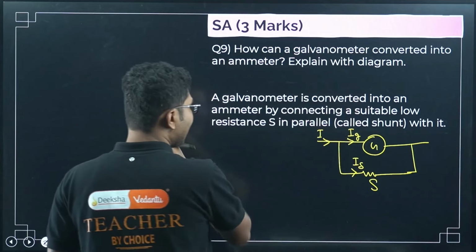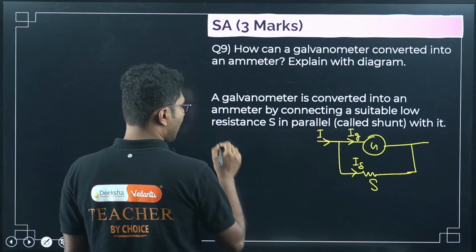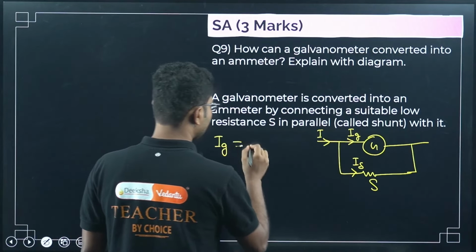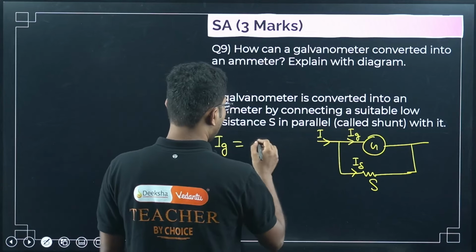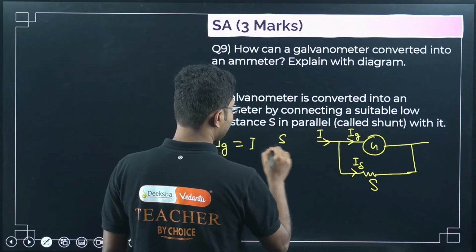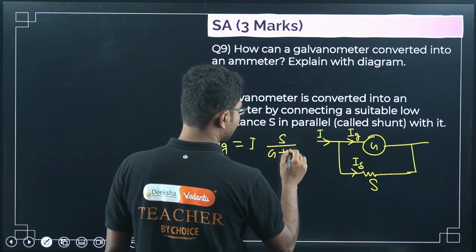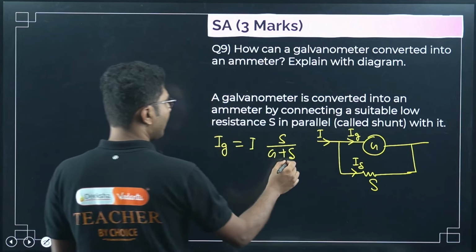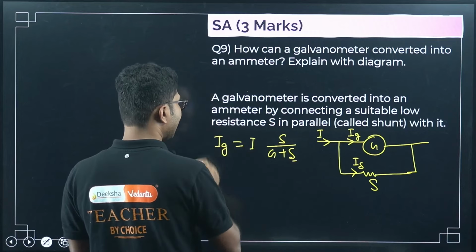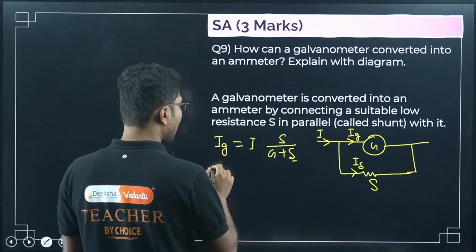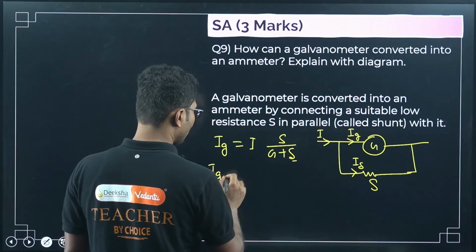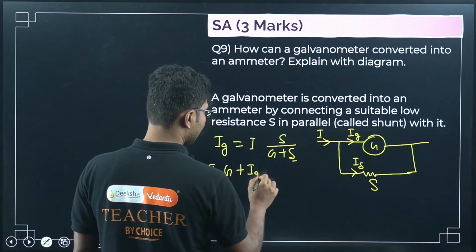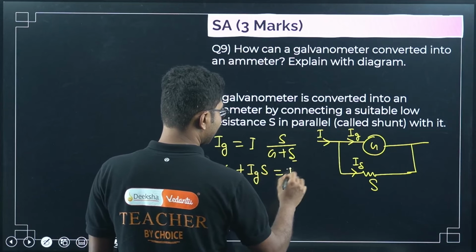Then from the parallel combination, Ig equals I times S by G plus S. From here you have to calculate the value of S. Or you can stop at this point also, but it will be better if you show Ig G equals Is S.